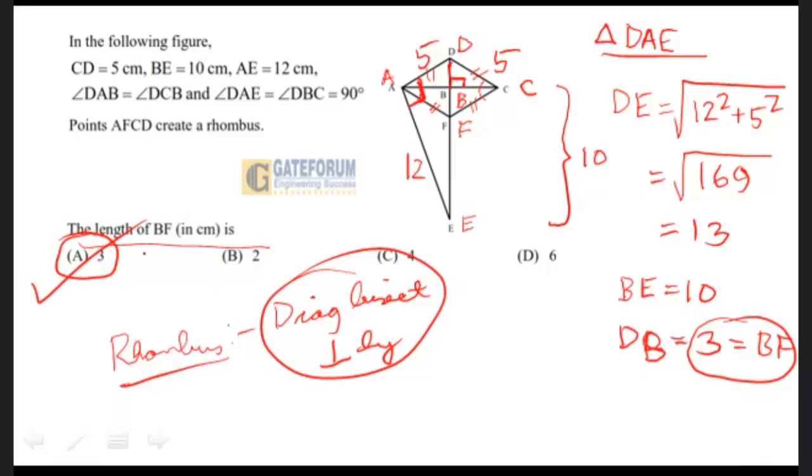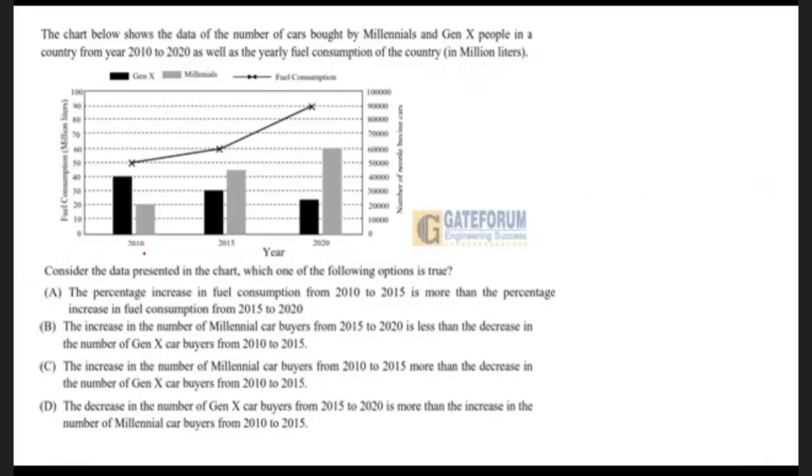The chart below shows the data of the number of cars bought by millennials and Gen X people in a country. It's slightly hazy. This is Gen X, and this is millennials.